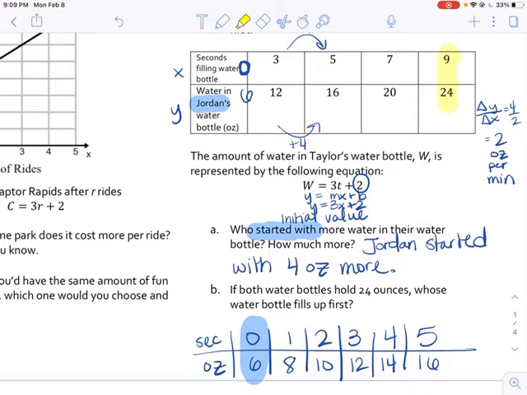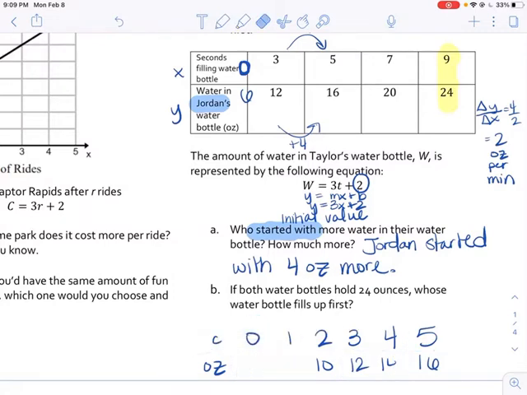We want to have 24 ounces, and my 24 ounces is Y. So I'm going to put in 24 ounces for my Y here. Goodbye, table. Okay, so W, I'm just going to write Y equals 3x plus 2.